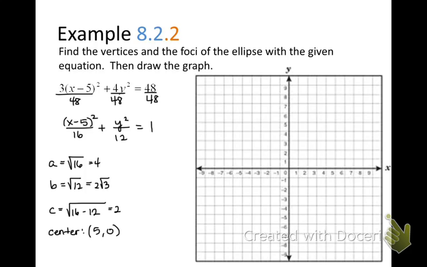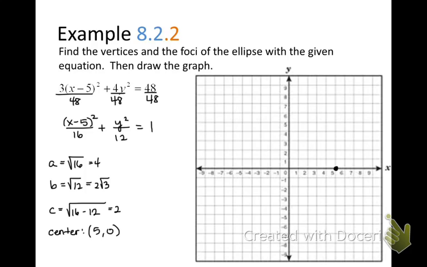Okay, I'm going to plot this right now so that we can be looking at it. So here's the point 5, 0. Is this a horizontal or a vertical ellipse? It's horizontal, which means that when I am plotting my vertices, my y value is going to stay the same, isn't it? I'm going to stay on the 0 for my y value. So all I have to do is add and subtract which value for my center x?